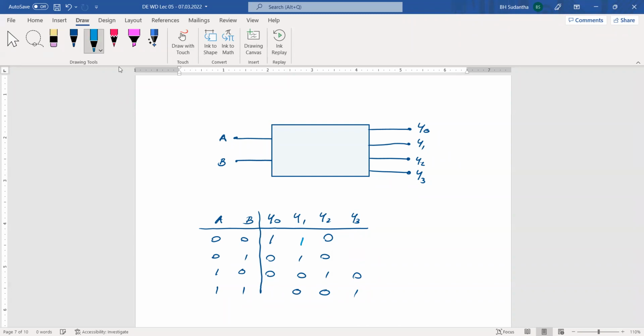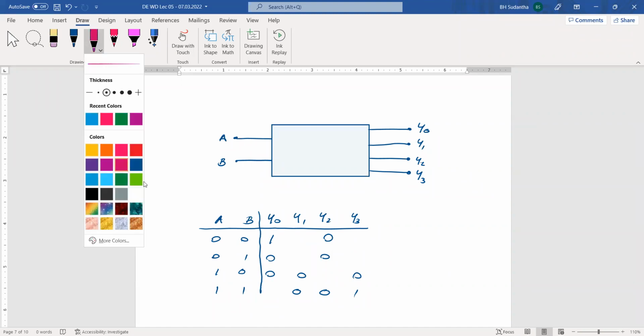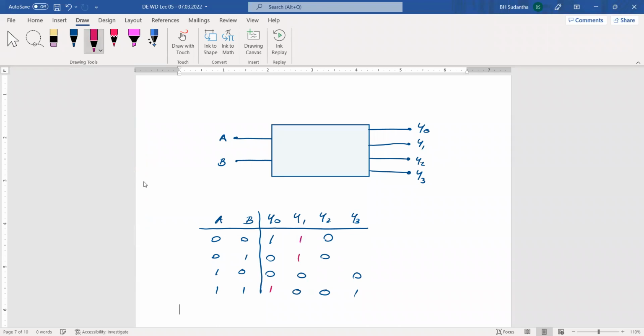Then the truth table is different. When you have this type of truth table, other than the standard 2 to 4 decoder, you can have 2 input lines and 4 output lines, or maybe 2 input lines and 3 output lines.